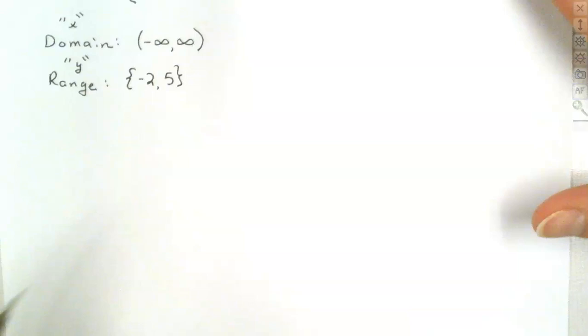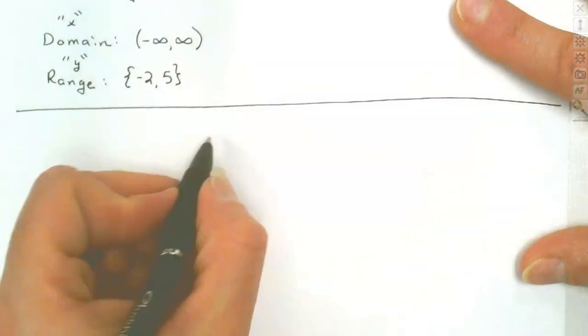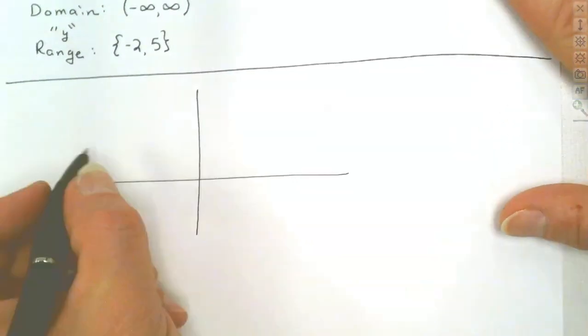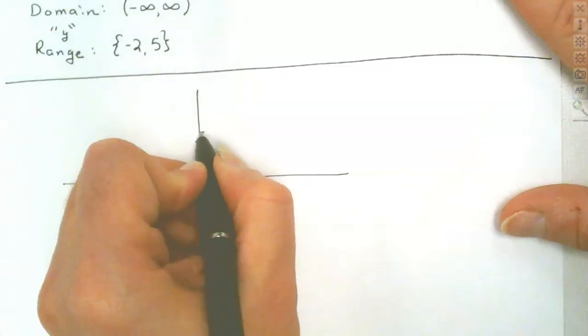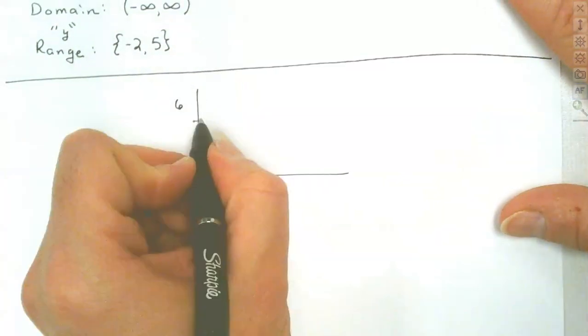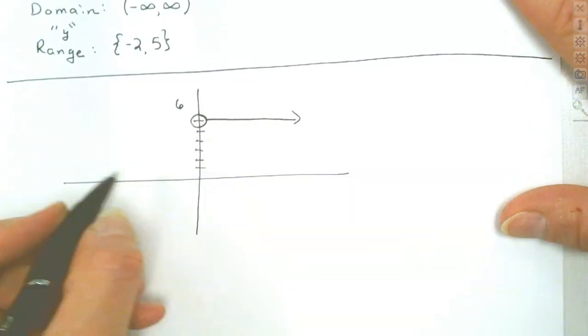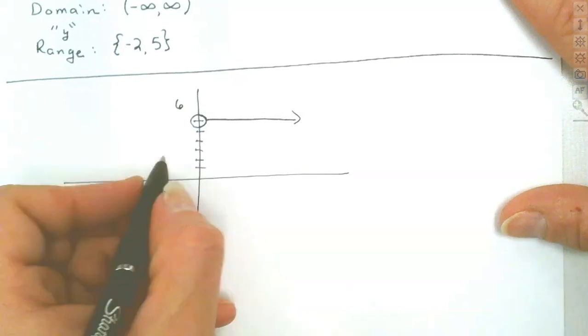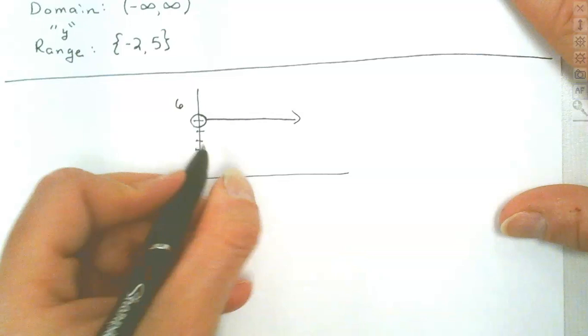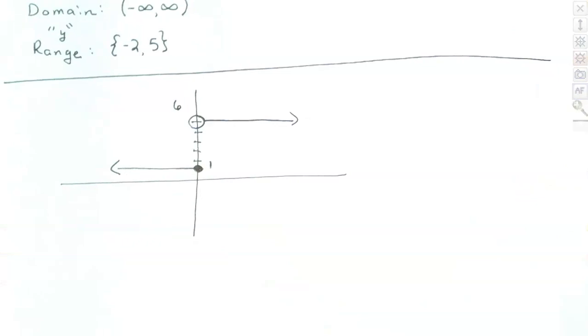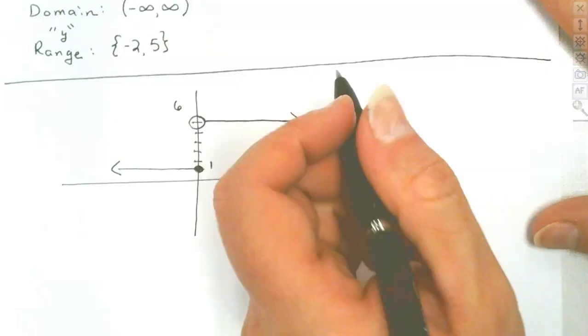So I'm going to give you another picture, and we're going to try and find the function that it came from. Okay, so we're going to find the function and the domain and range.